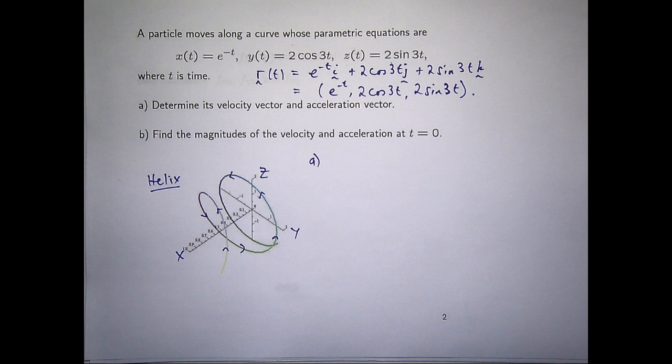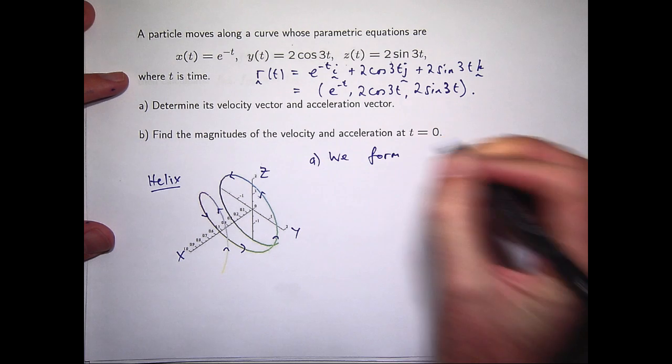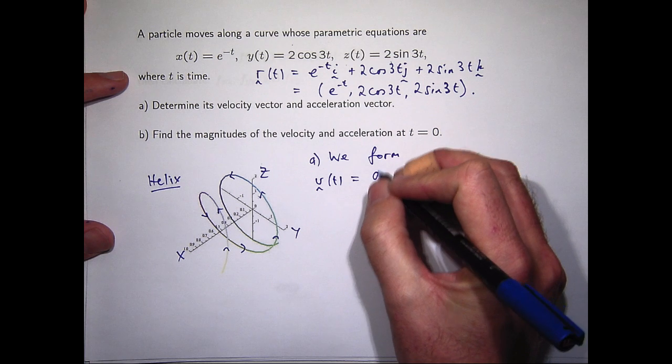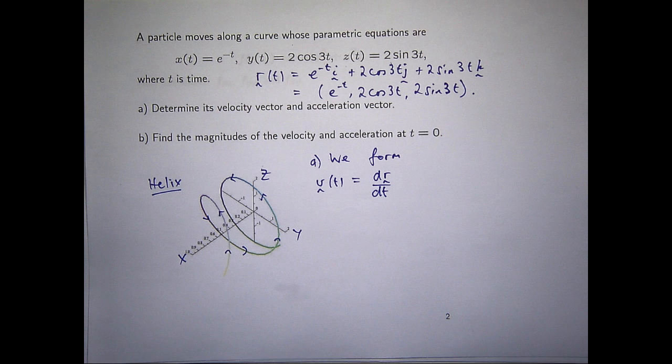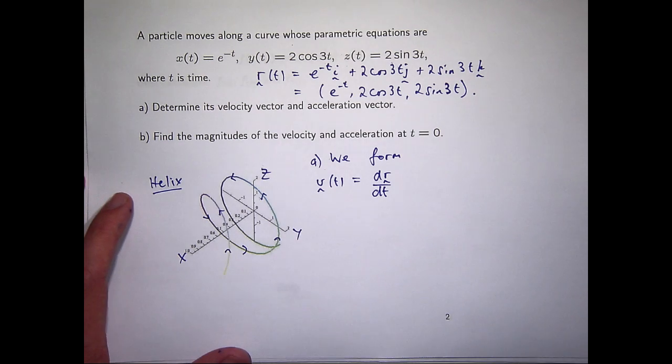So if this is our position vector for any point on that curve, how do we determine the velocity vector? Can anyone remember? Differentiate, right. Okay, so we can form the velocity vector. Let's denote it by v of t. It's just the derivative of our position vector. How do we differentiate a vector function of one variable? Well, we just differentiate the component functions separately.